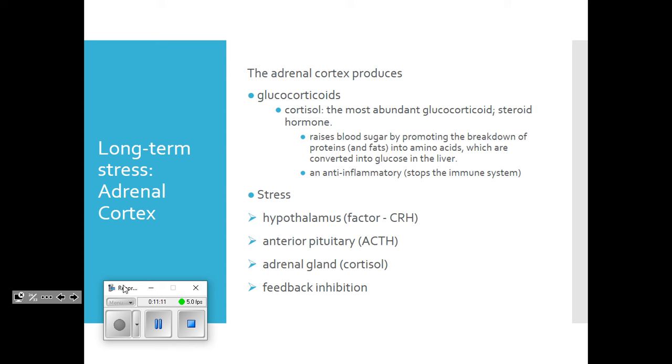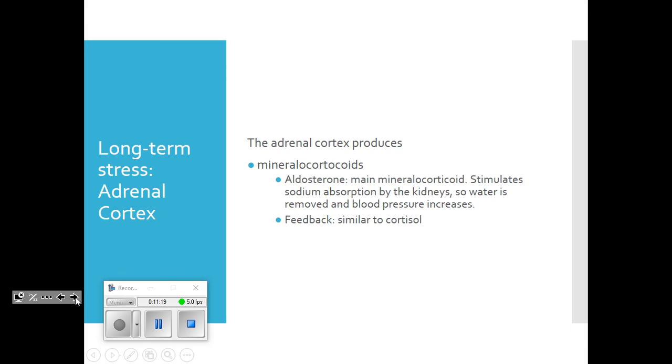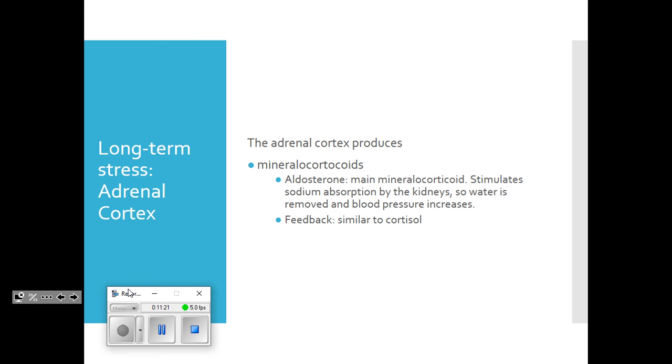Okay. So there's another hormone that your adrenal cortex makes that will be important for stress. It's a mineralocorticoid. So if you look at the word, just like a glucocorticoid, the name is telling you what it is. Mineralo, so something affects minerals.